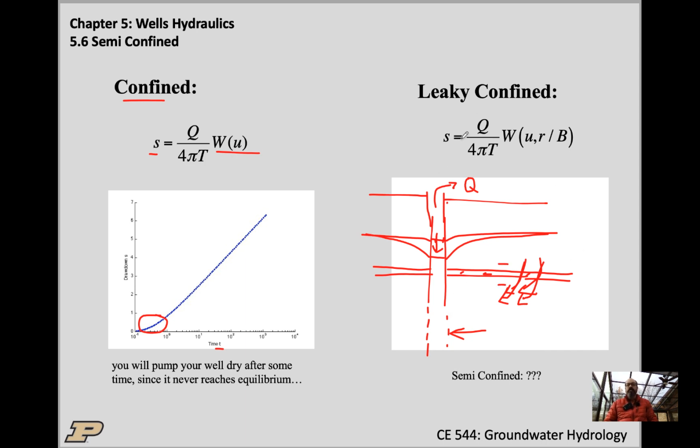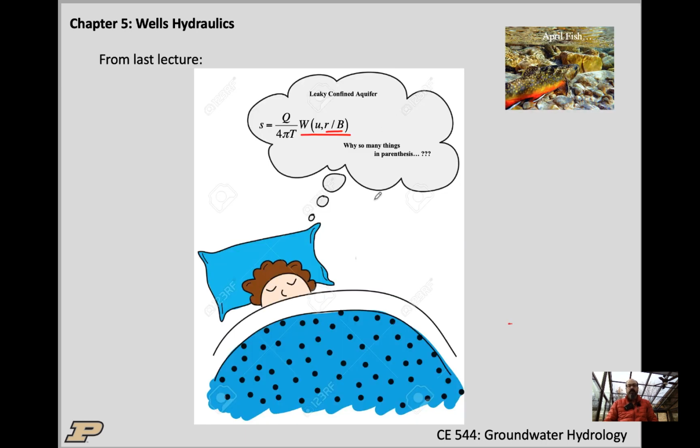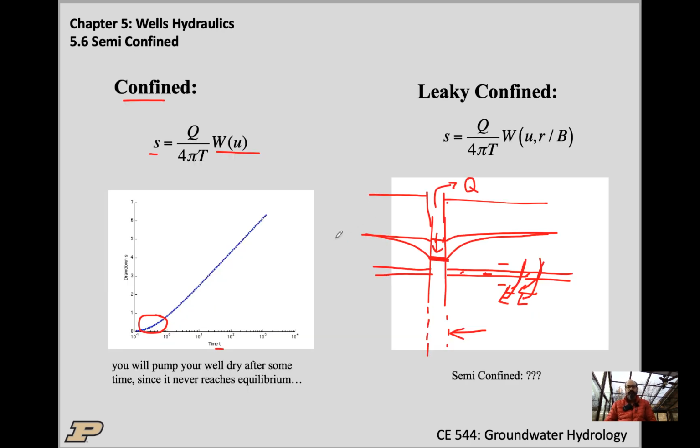So at some point we reach some sort of an equilibrium, and we expect that drawdown in the well to equilibrate after some time, as opposed to just go on forever like in the confined aquifer. Now, what does that mean? That means that the drawdown is going down, and then eventually we expect it to stabilize somewhere, right? Where that is, well, we'll see.